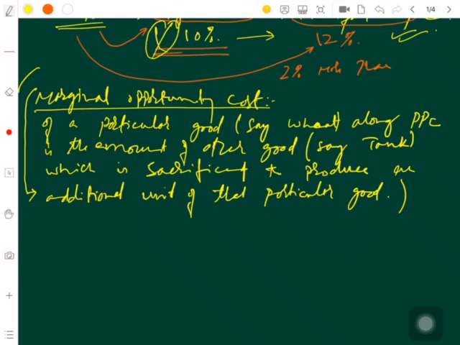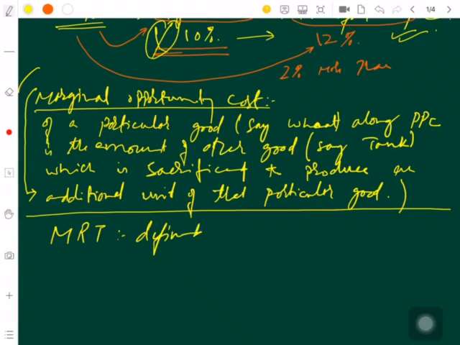As I said earlier, in economics, marginal means additional or extra. So now the concept which is remaining from these very things is the marginal rate of transformation. It is one and the same thing what we were talking about, but we may define it. Now it is defined as the ratio. When you take things like 1 by 2, 3 by 4, 5 by 7, so on and so forth, these are called ratios.